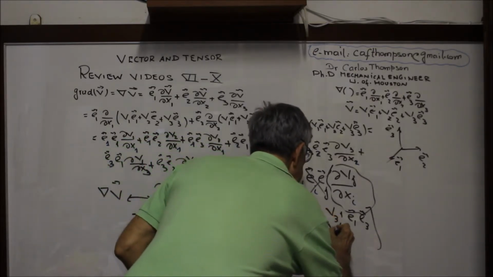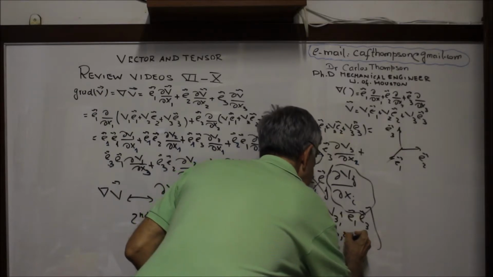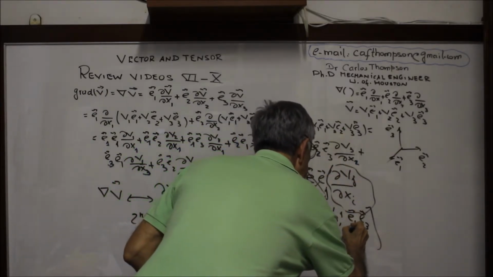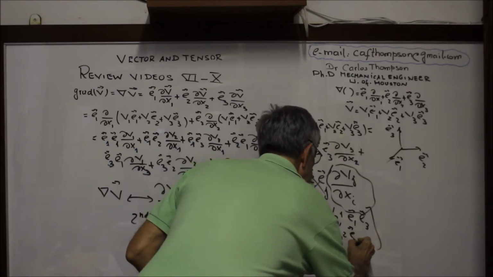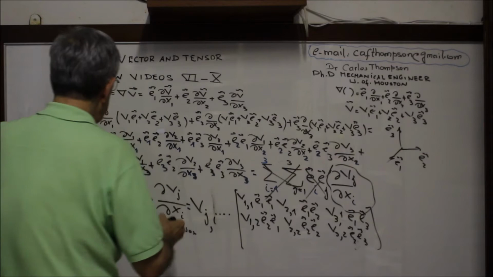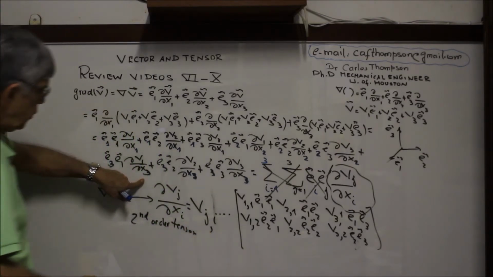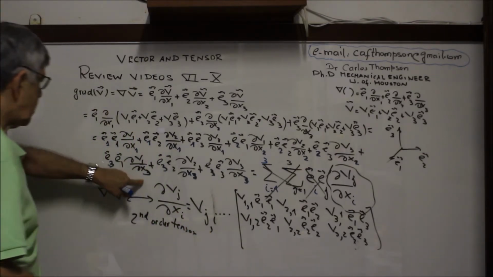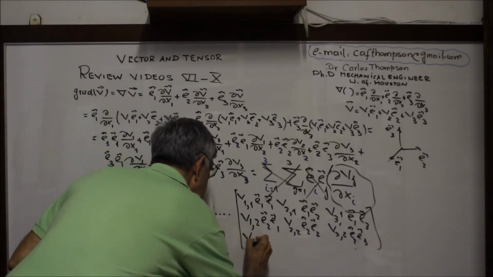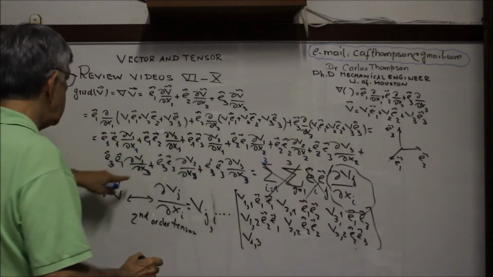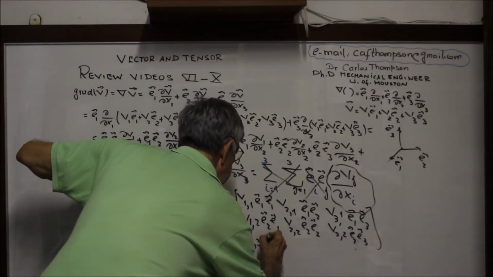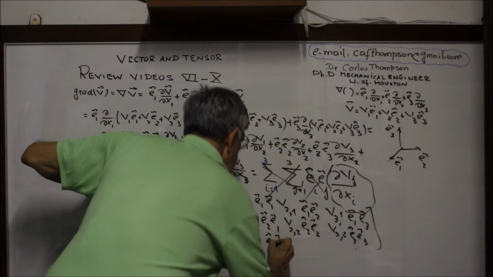And there V3, comma 2, E2, E3. And the last row will be V1, comma 3, E3, E1.